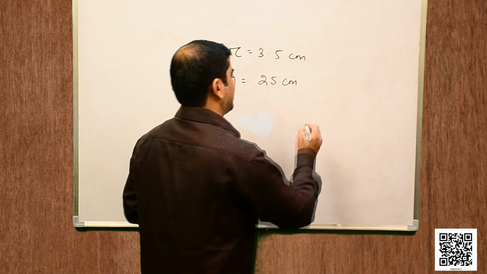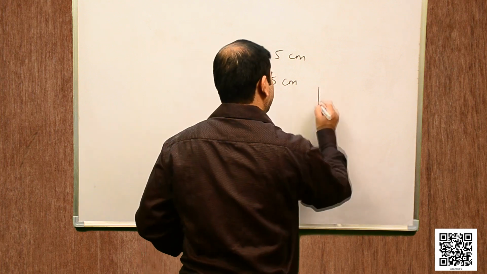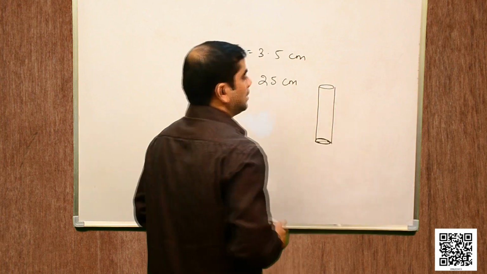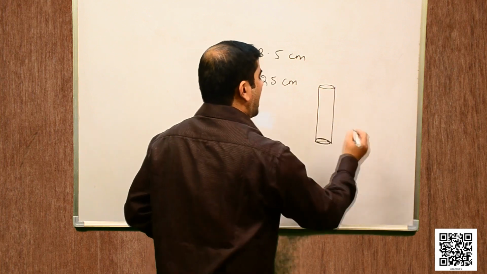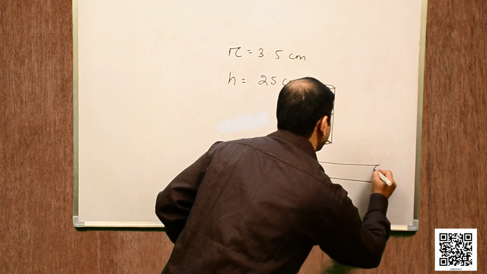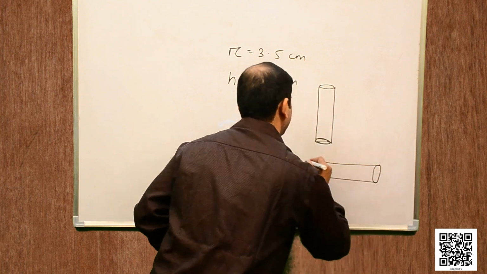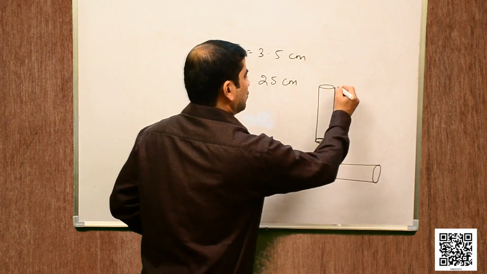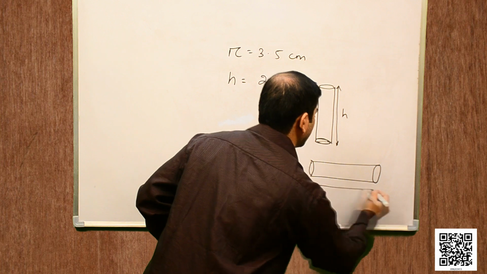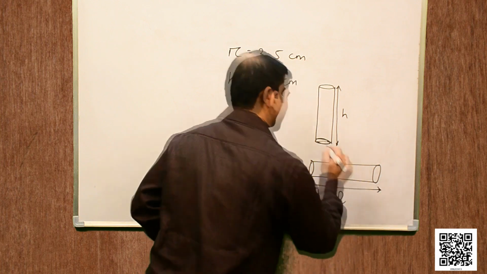So just concentrate. See, this is a cylinder of certain height. If I make it lie down, it will appear like this, isn't it? That means what was previously the height now becomes the length.